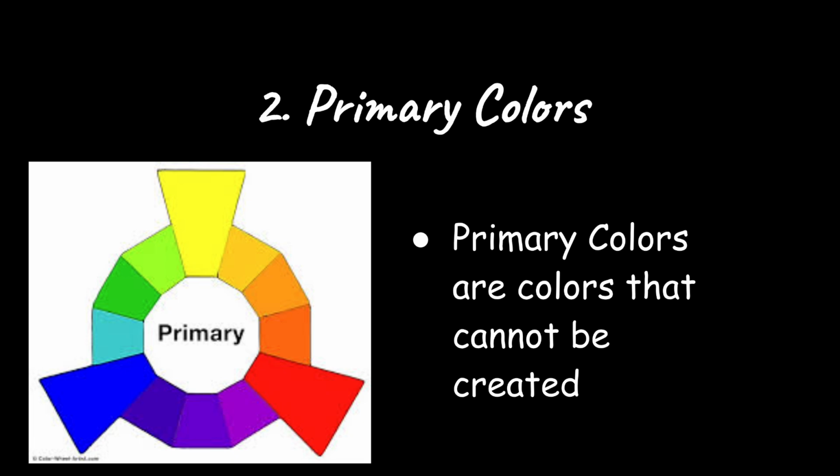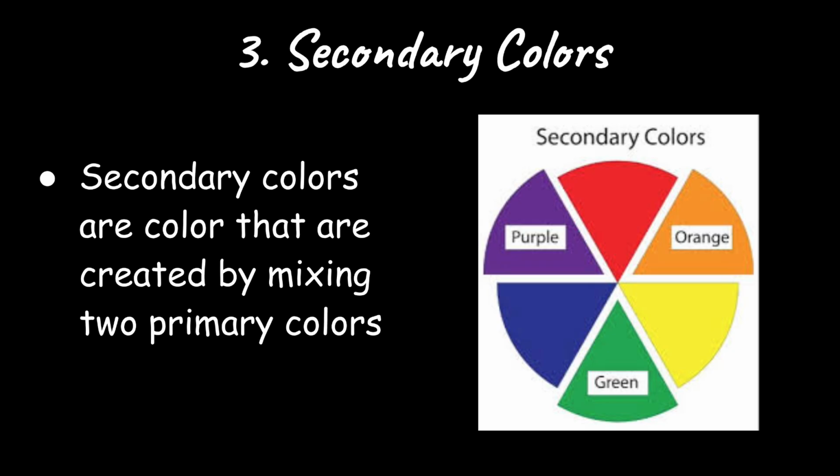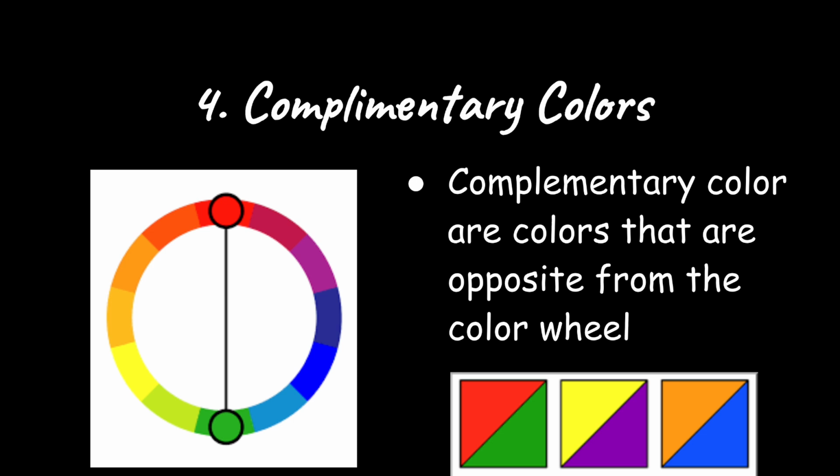Next, we'll talk about secondary colors, which are the colors that are created by mixing two primary colors. So you can create purple, orange, or green. Complementary colors are those that are opposite from another color on the color wheel. So you have red and green, yellow and purple, or orange and blue.